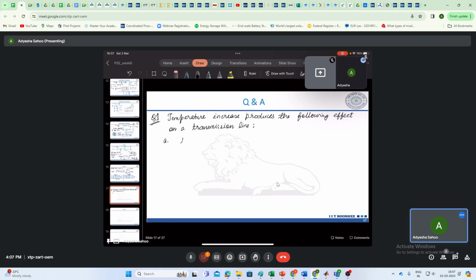A, sag and tension of conductor decrease. B, sag and tension of conductor increase.